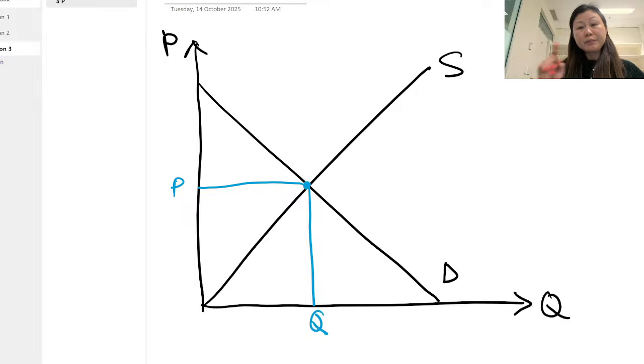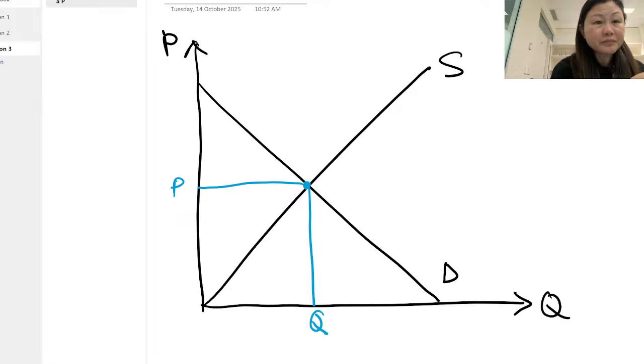So if the price ceiling is above this equilibrium price, that price ceiling is useless because the market will naturally stop at equilibrium where price is at P and quantity is at Q. So your price ceiling, the word ceiling indicates the roof, okay, roof. But we're making that roof low. So when it hits the roof, the price can't go further than that roof.